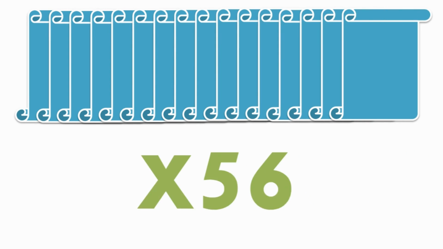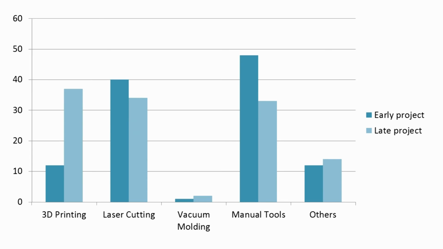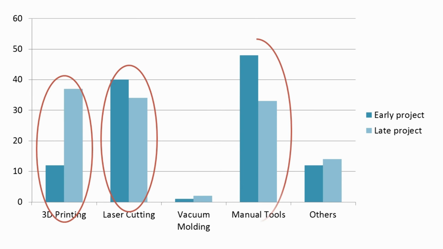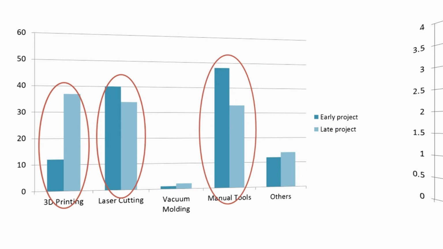56 industrial design students, both undergraduate and graduate, were surveyed about the methods used to fabricate models during the early conceptual stage and the late testing stage of an assigned design project. The result shows that most students prefer 3D printing, laser cutting, and manual tools to build models in both stages of their project.